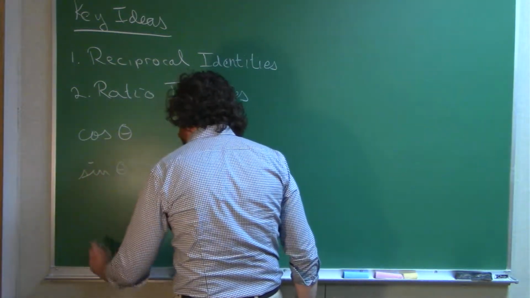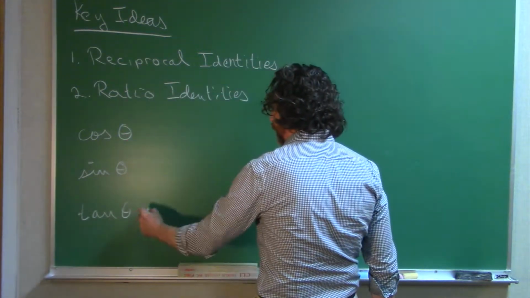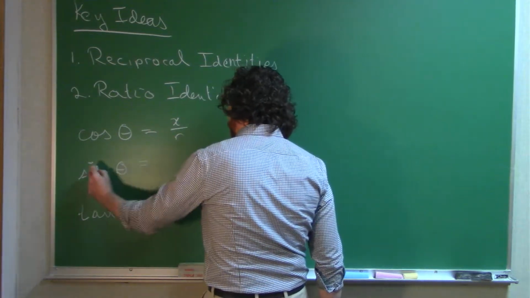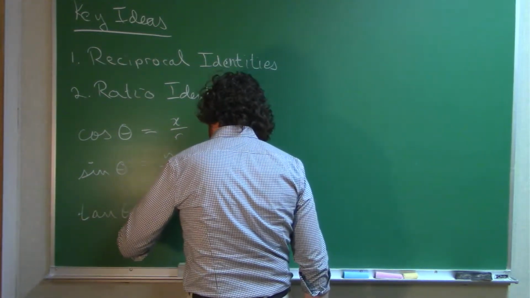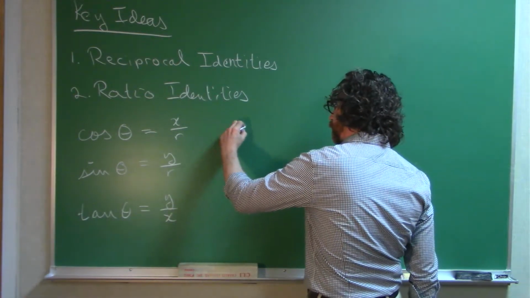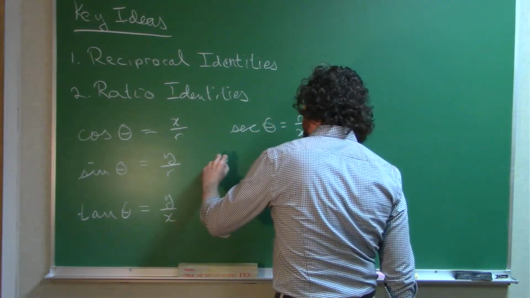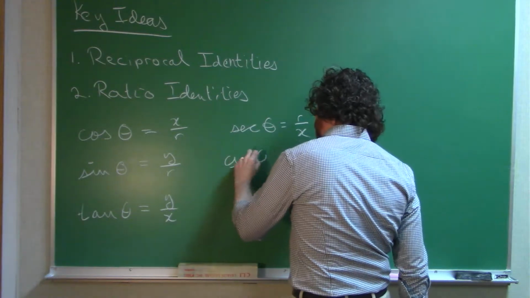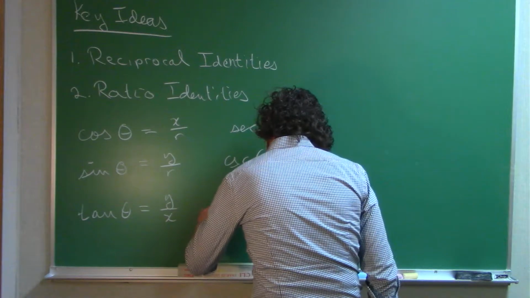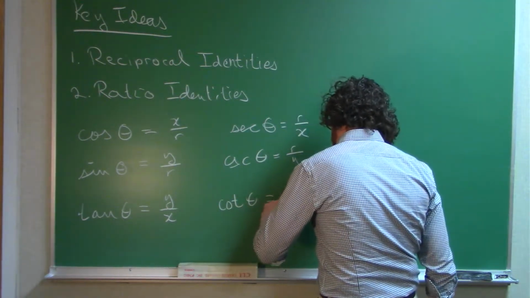So just for practice, cosine theta, sine theta, tangent theta, x over r, y over r, y over x for tangent. And then we've got secant theta, r over x, cosecant theta, r over y, and cotangent theta, x over y.